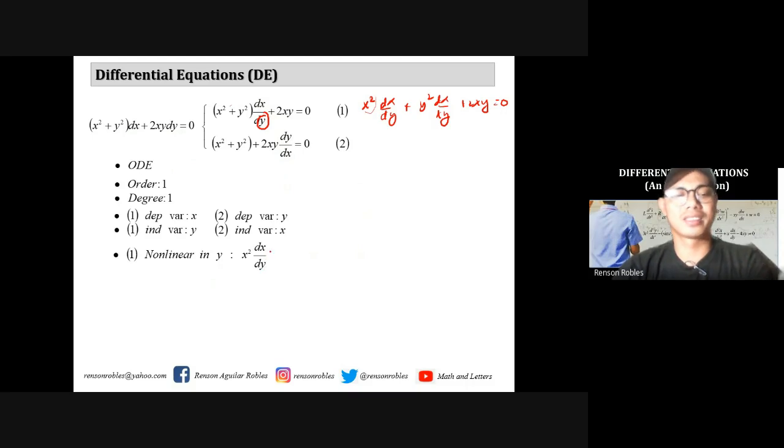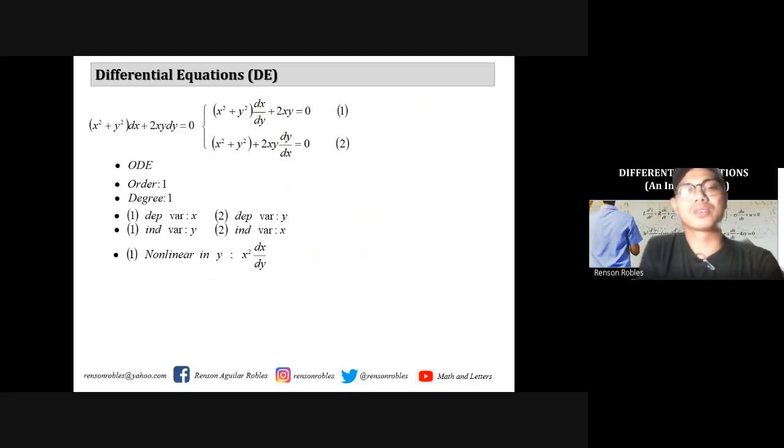Next, what about the second equation? Can we say that it's linear in x? When you look at the second equation, you have the quantity x squared plus y squared plus 2xy dy/dx. Again, our independent variable is x, so this expression should be written in terms of x.